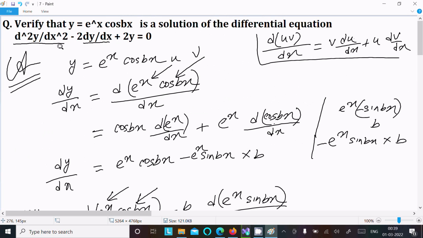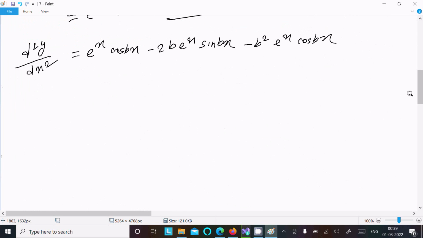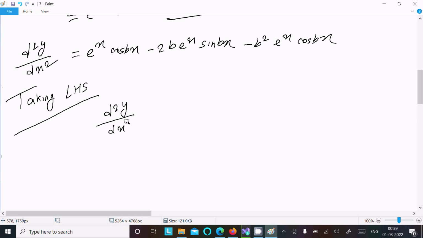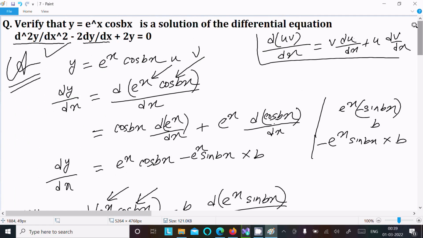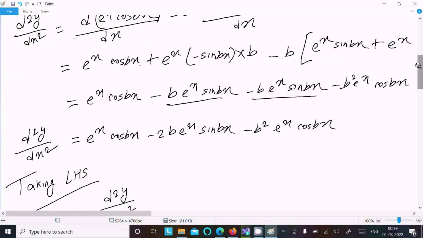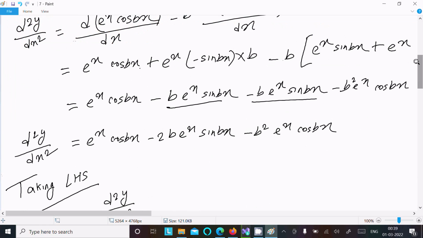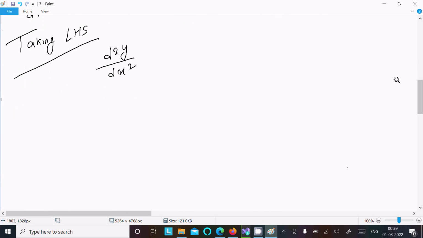Now let's write all this. Taking the LHS, left hand side: d²y by dx² minus 2 dy by dx plus 2y.